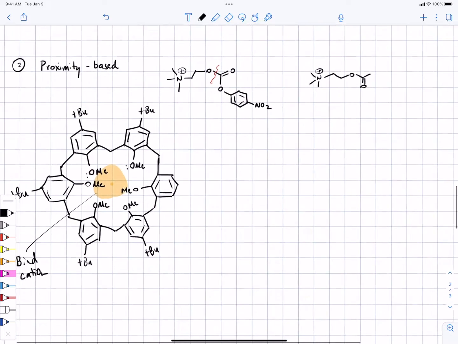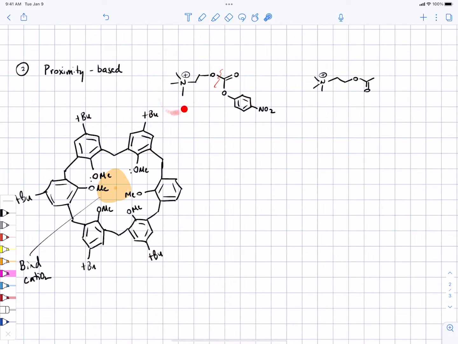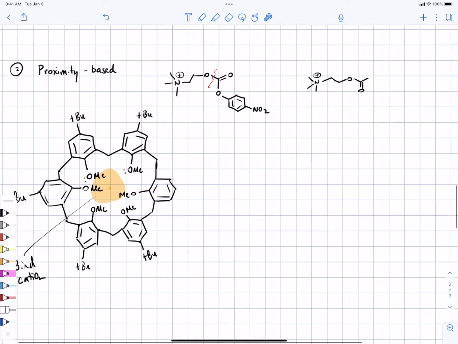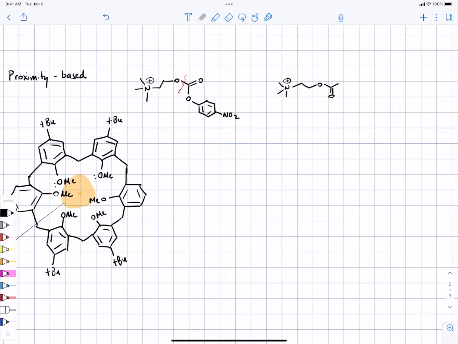And then the question was, okay, that's going to allow you to grab onto the starting material via a non-covalent interaction. That's just ion dipole interactions, basically. But the question was, how do you catalyze hydrolysis of basically an ester or a carbonate? And for this, they were inspired by nature.